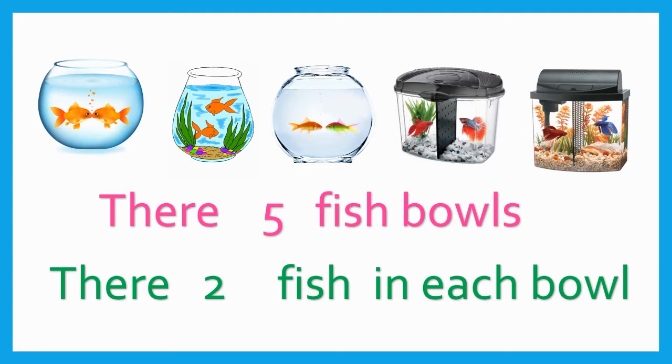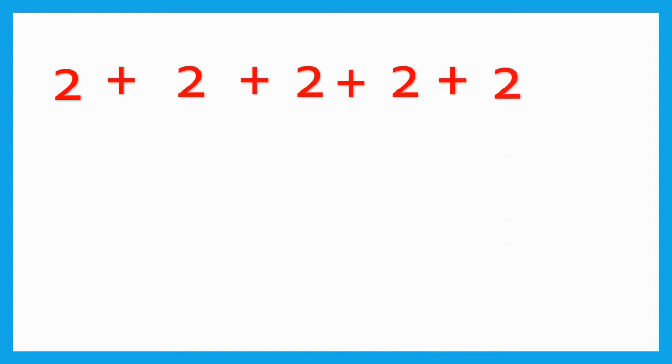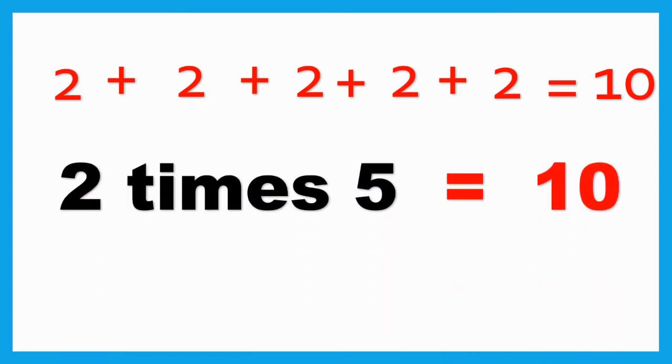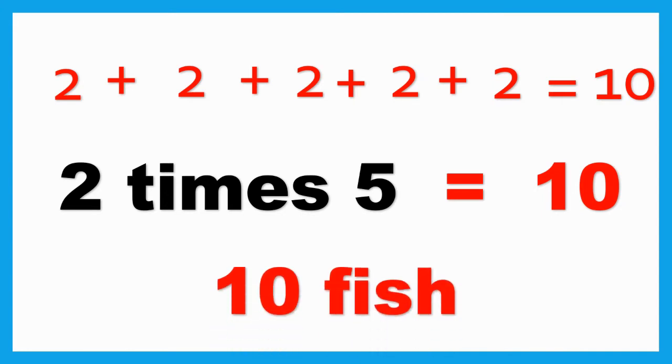That is 2, add more 2, add more 2, add more 2, add more 2 equal to 10. 2 times 5 equal to 10. So, there are 10 fish in all.